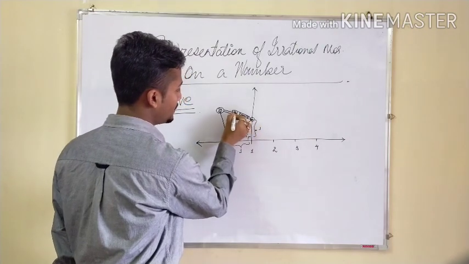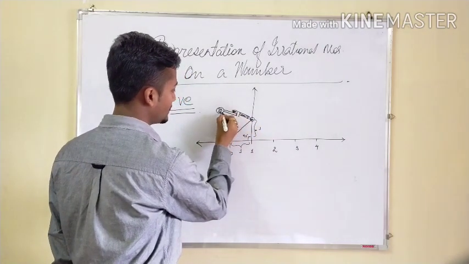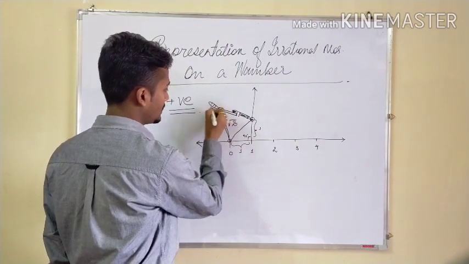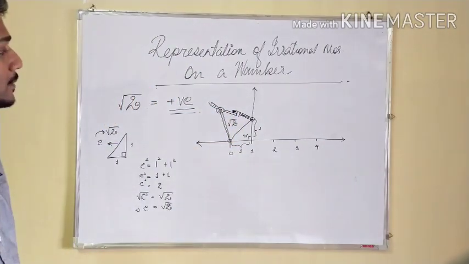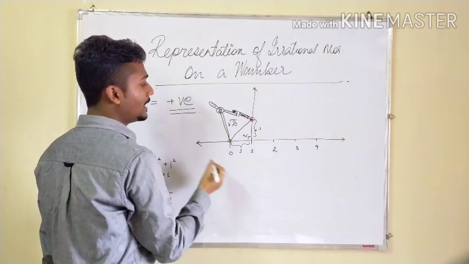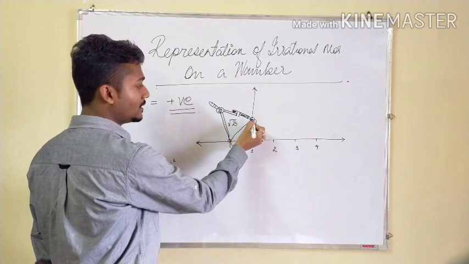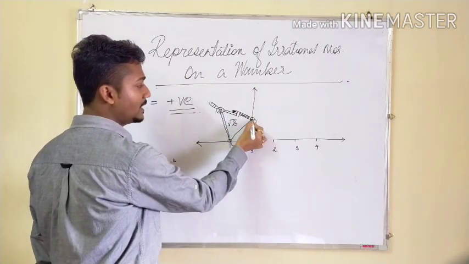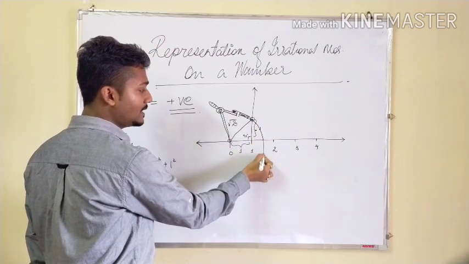This is the position of your compass and pencil. Can you get my point? Here you will put the pointer and here you will mark the pencil, and taking 0 as the center, you will draw an arc which cuts the number line.